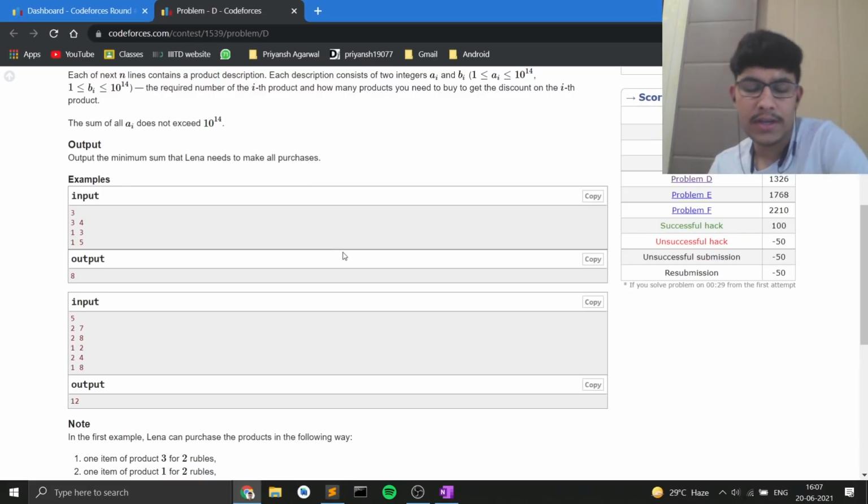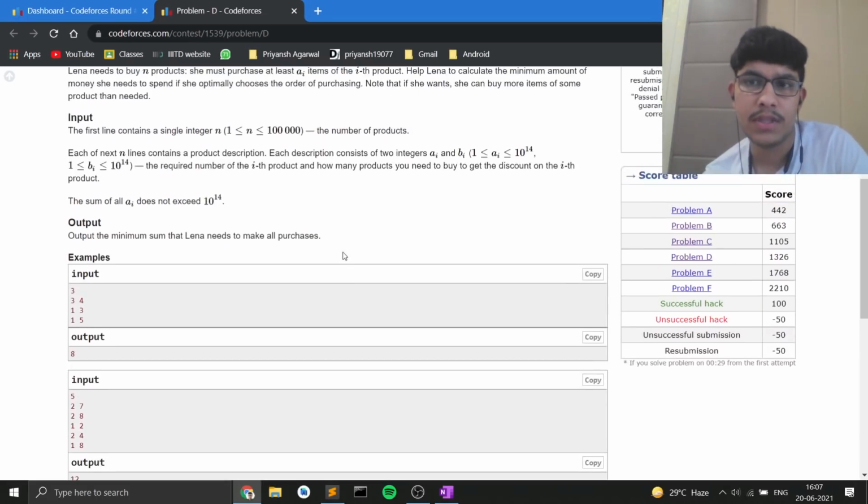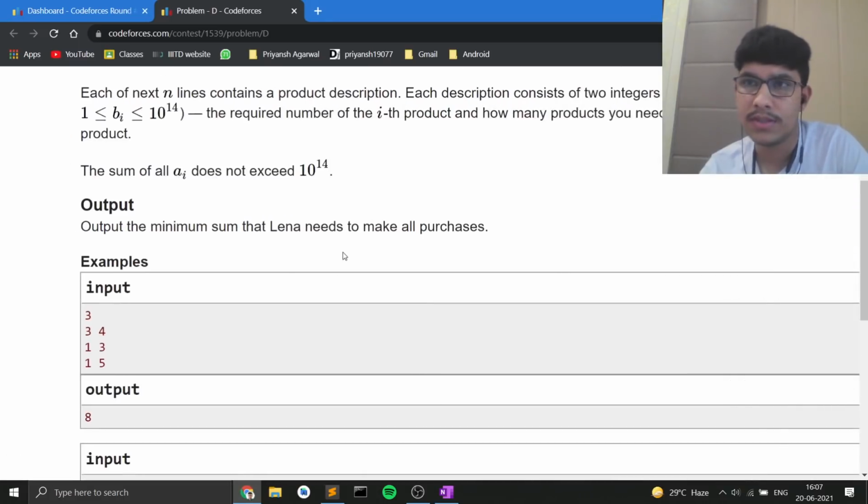So let's say we don't get any discount, then what will happen? Then the answer will be simply the sum of all these times 2, right?